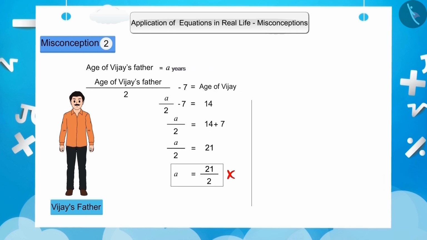In LHS, if 2 divides A, then to find the value of A, it will be multiplied in RHS. So, we will get A is equal to 21 into 2, that gives A is equal to 42. Therefore, our answer is 42. This means the age of Vijay's father will be 42.